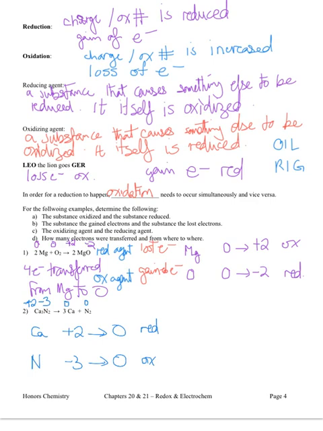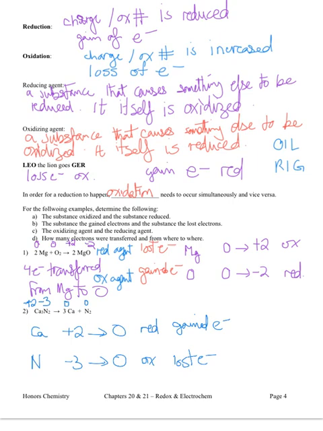Okay, let's look at letter B. Which substance gained electrons and which substance lost electrons? LEO goes GER. Loss of electrons is oxidation. So whatever is oxidized lost electrons. GER, gain of electrons, is reduction. Whatever got reduced gained electrons.